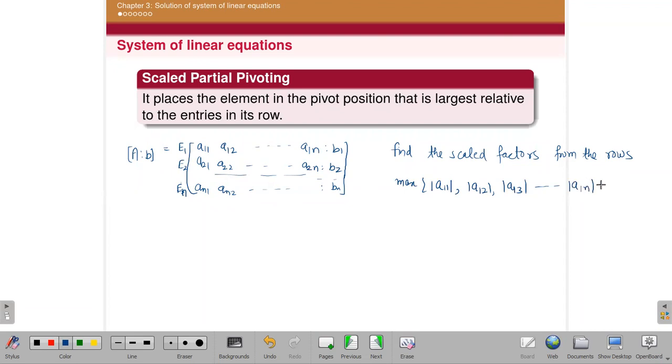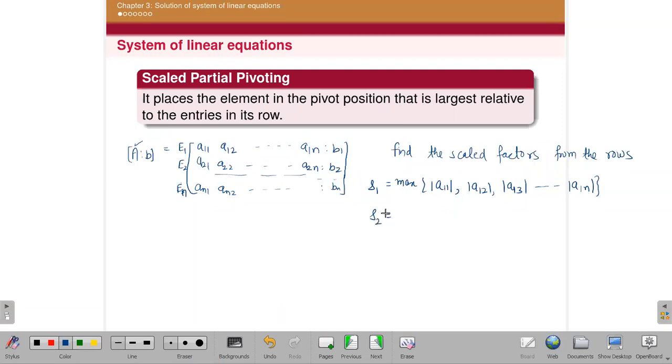Don't take B1, because we are searching for the pivot from the A matrix only, not from B. Let us call this S1. This is the scale factor, the largest element in the first row.